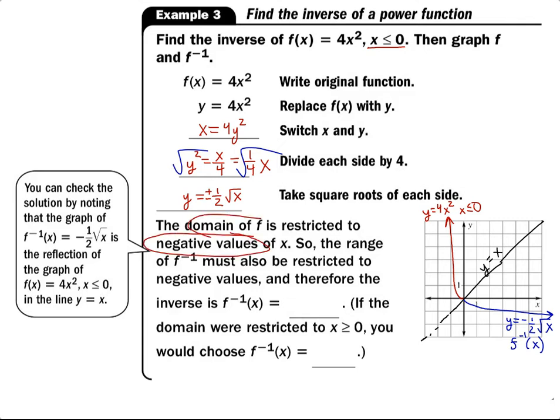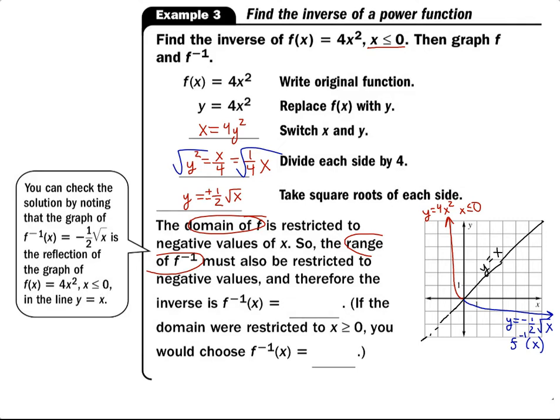The domain of f, you know what, I'm totally circling the wrong things. Sorry. The domain of f is always the same thing as the range of f inverse. The domain of a function is always the same thing as the range of the other function.